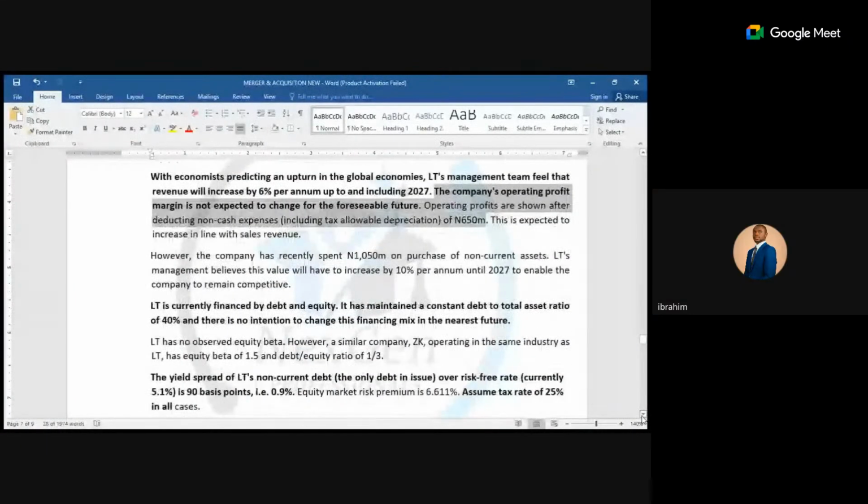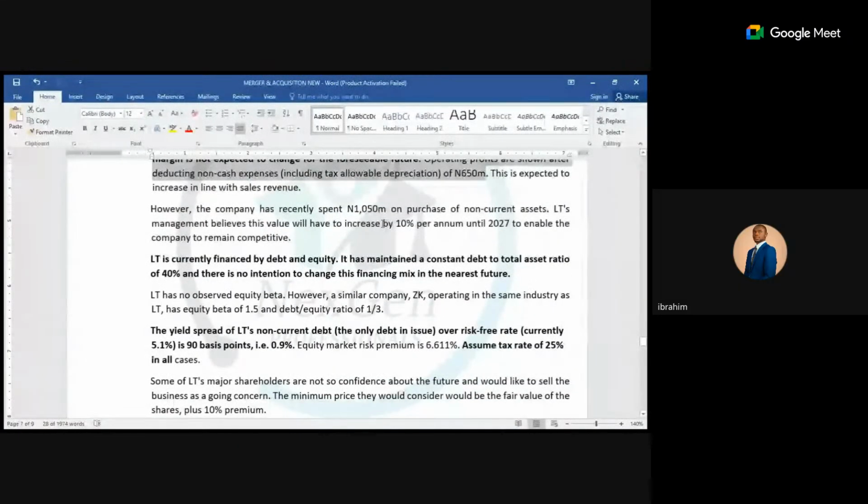However, the company has recently spent 1,050 million, 150 on purchase of non-current assets. They use that for the non-current assets. LT management believes, now this is non-current asset, right?